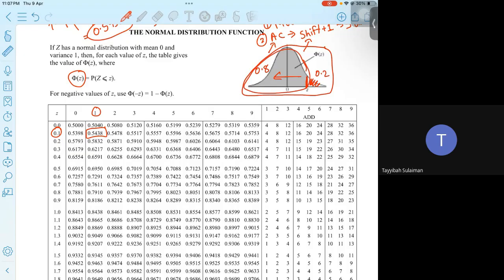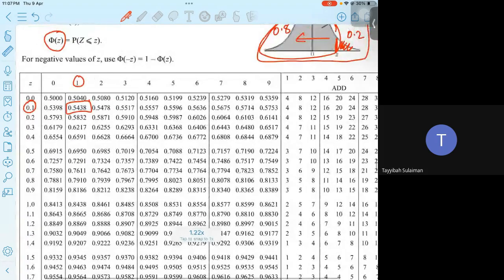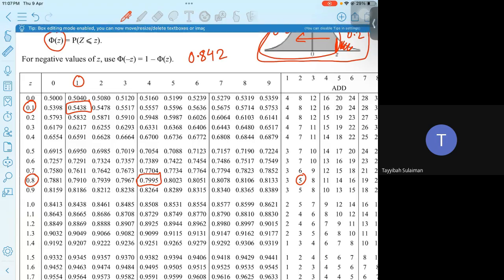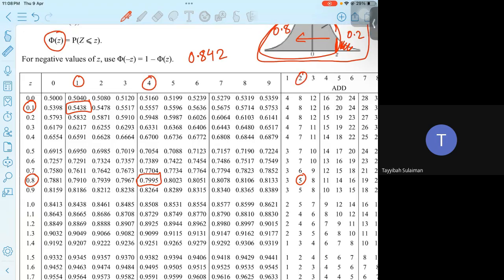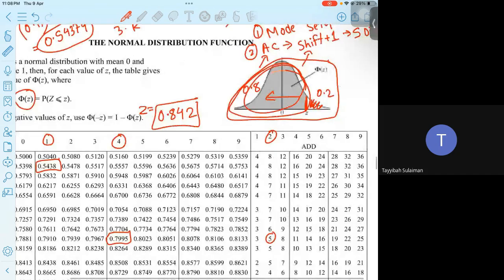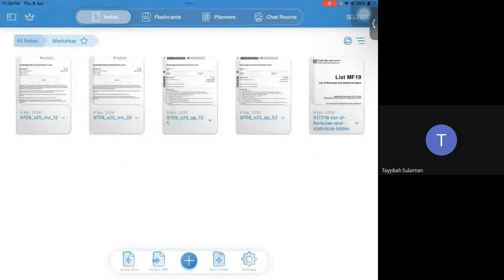It's as simple as that. So 0.8 we get from 0.84 plus this 2, so that is 0.842. Any questions? Can I see thumbs up if that makes sense to you? Okay, lovely. So this is the point for z for which we get 0.8 on the left hand side and 0.2 on the right hand side. So 0.842. Let's remember that.